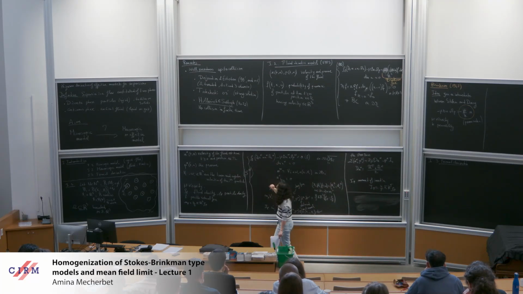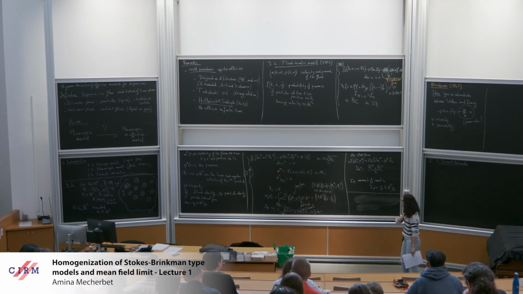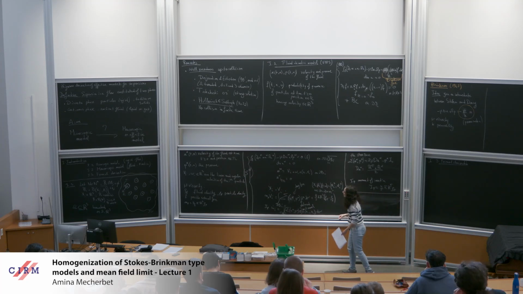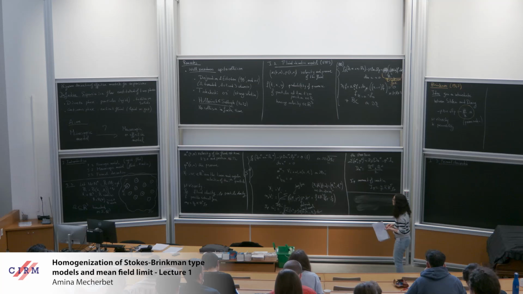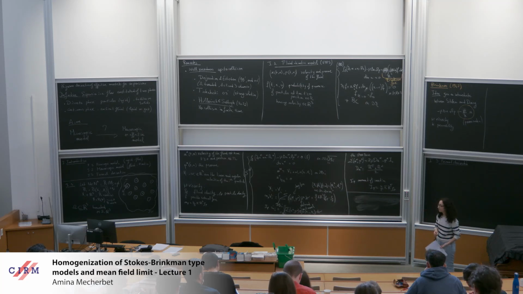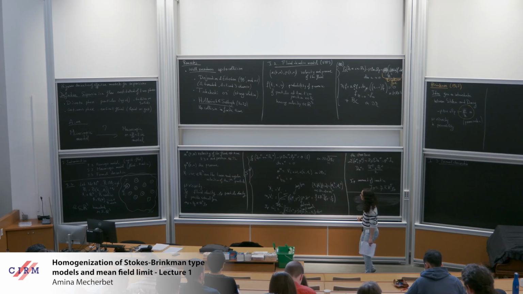And usually, when you want to do such a thing, you need to justify that the inertial effects are negligible in front of the viscous effect. And this is done by considering the Reynolds number, which is a non-dimensional quantity which corresponds to this ratio.